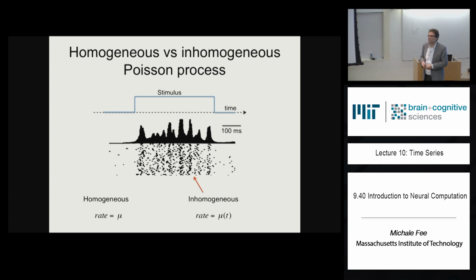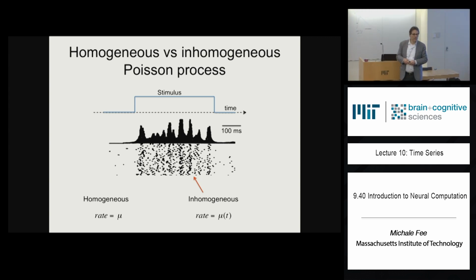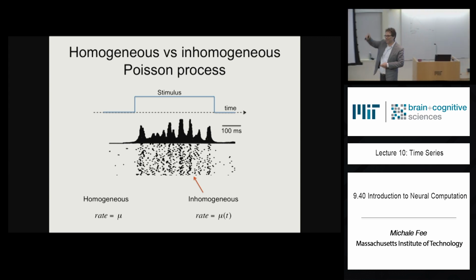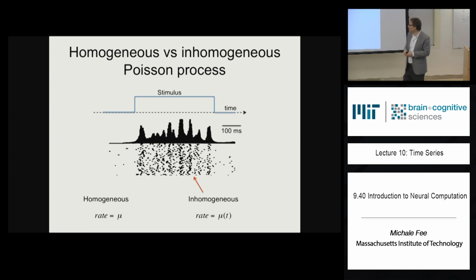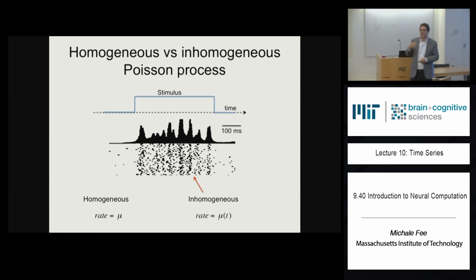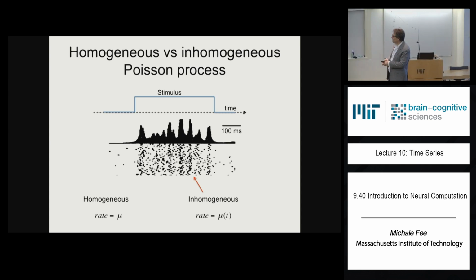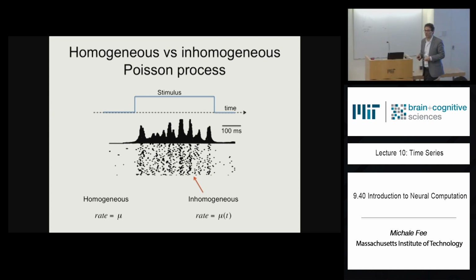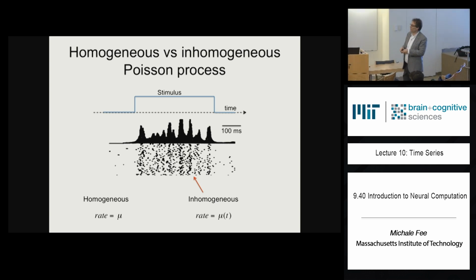Most neurons don't do that, because in most neurons there's information carried in the fluctuation of the firing rate. So most neurons behave more like an inhomogeneous Poisson process, where the rate is actually fluctuating in time. The example we were looking at before shows you what an inhomogeneous Poisson process would look like.